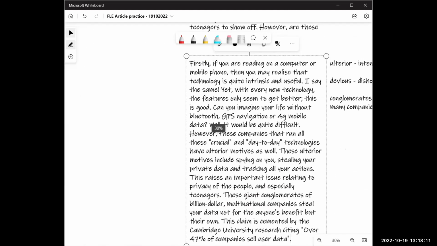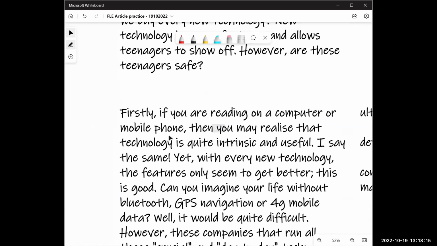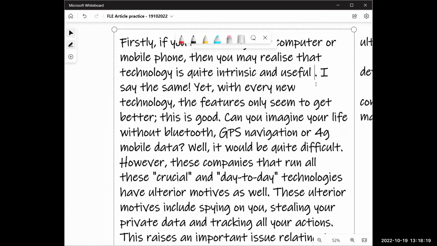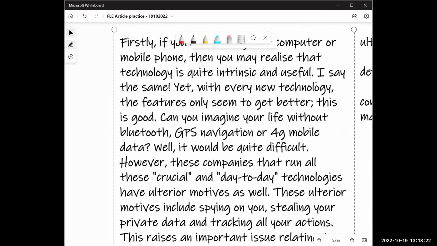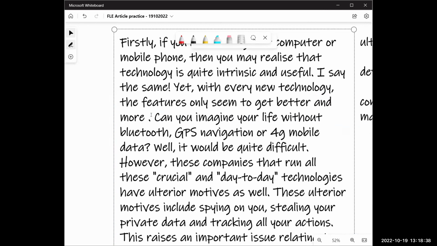Now I can change the first sentence here also a bit. If you're reading on a computer, you may realize that it's quite useful. Yet with every new technology, the features only get better, and more, let's say, scary.